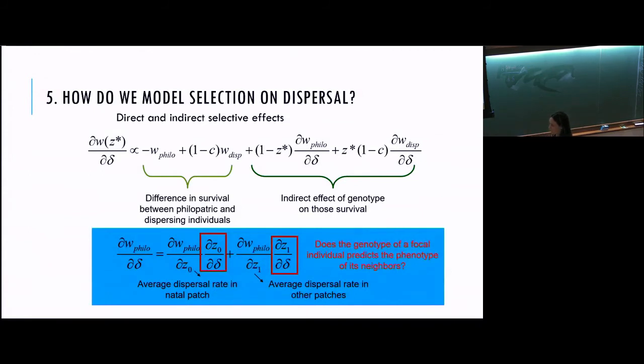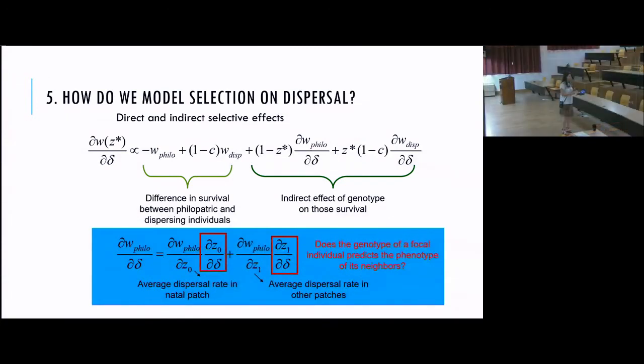This number of individuals you will be competing with depends on how many individuals that were born in this patch stayed in this patch, which depends on the dispersal rate of all other individuals in the same patch where you were born.